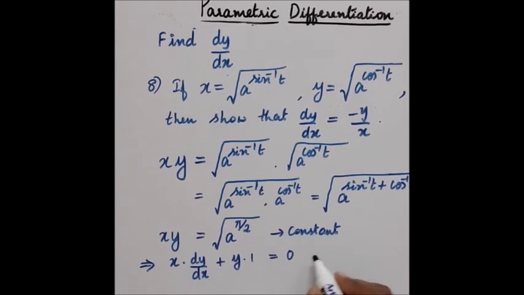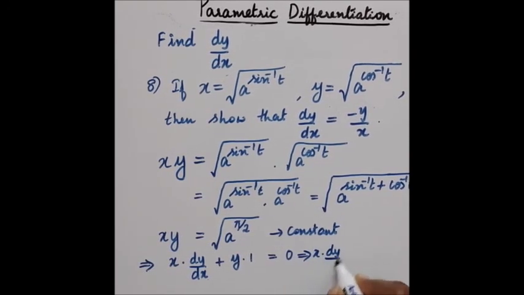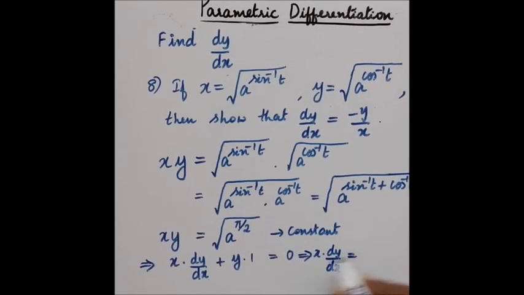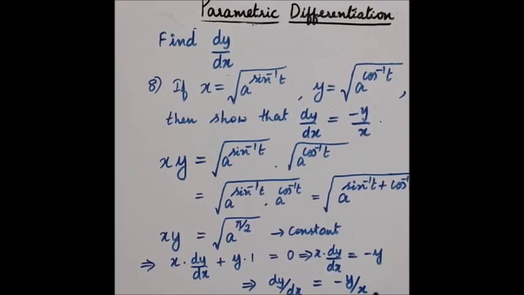So from this, x into dy by dx is equal to minus y. Therefore, dy by dx is equal to minus y by x, the given answer.